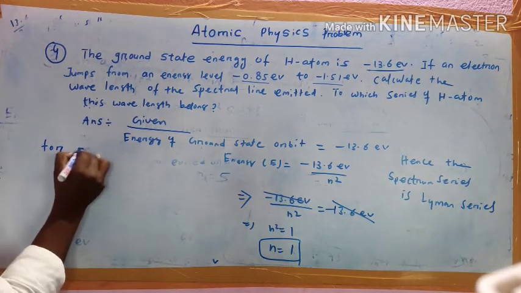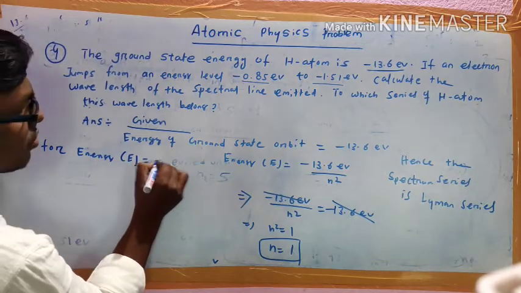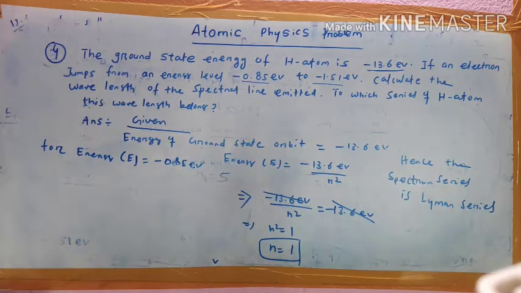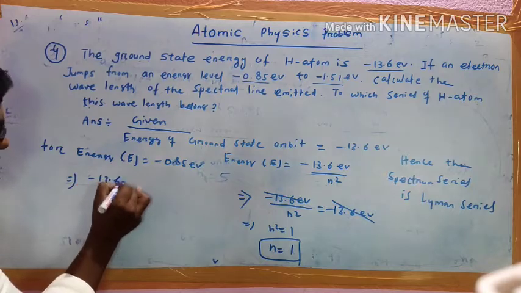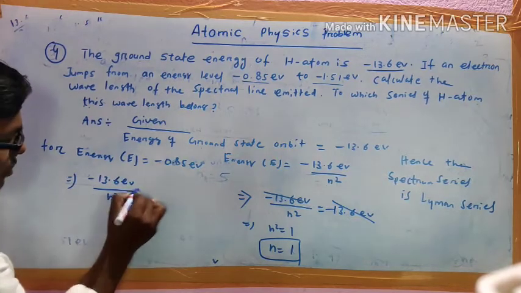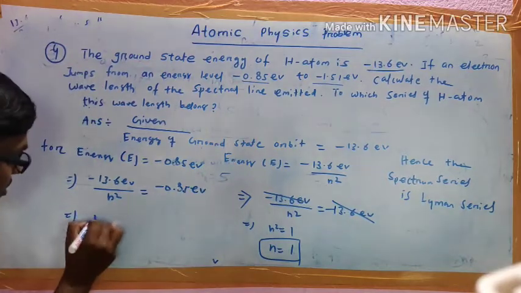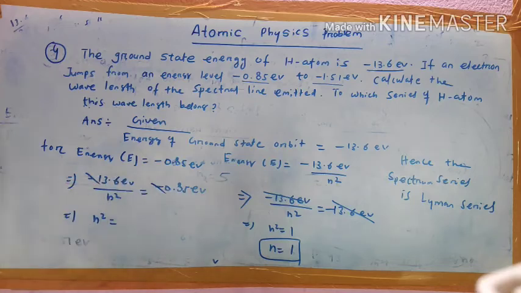For energy E equal to minus 0.85 eV, this equals minus 13.6 eV by n square is equal to minus 0.85 eV. Here the minus cancels, n square is 13.6 divided by 0.85.